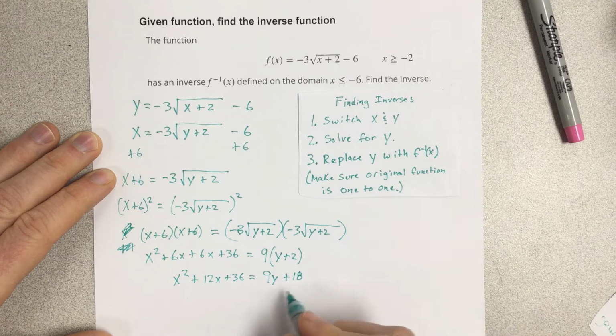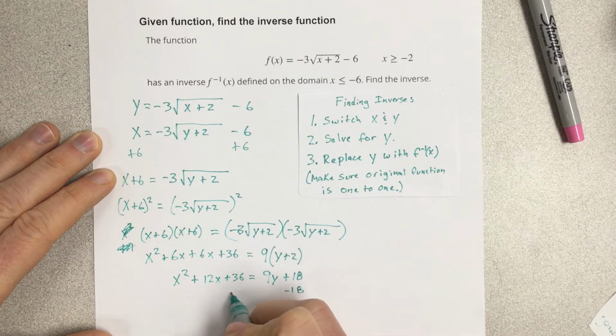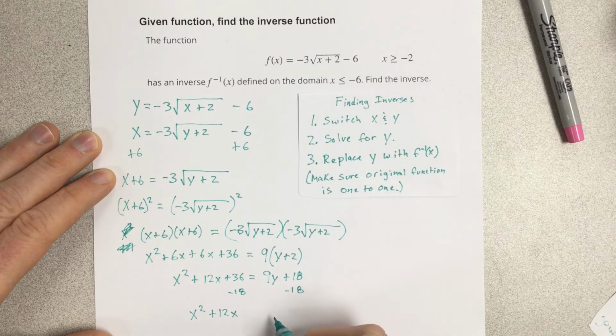I'm going to then subtract the 18 over. I get x squared plus 12x plus 18 equals 9y. And then I'm going to divide by 9 for each piece.